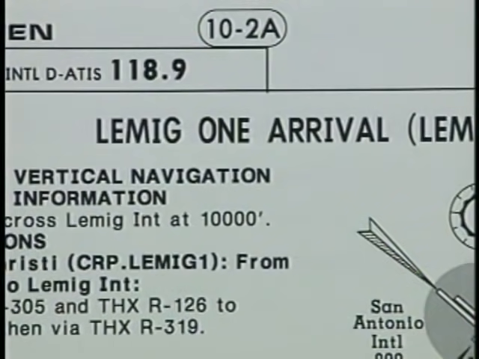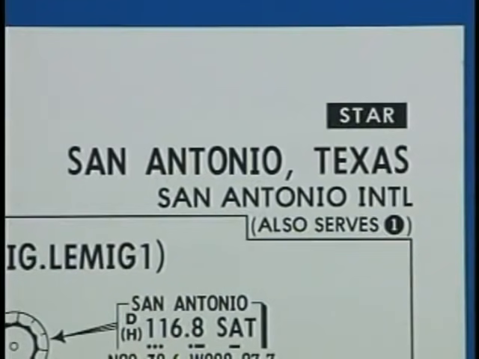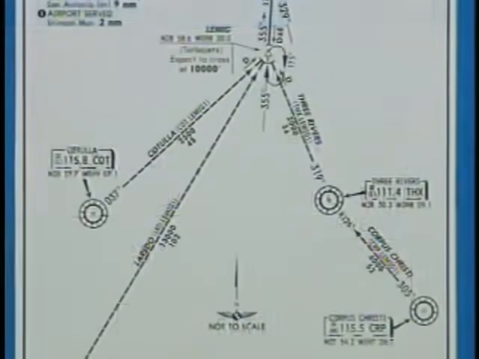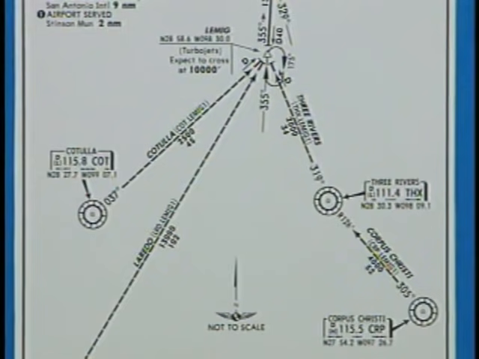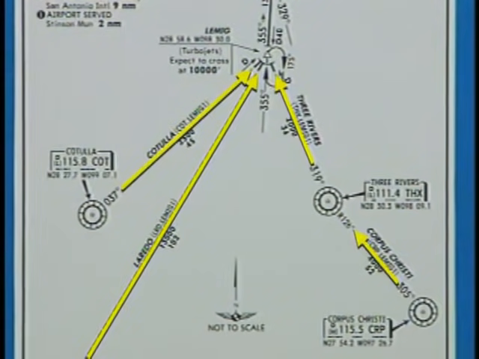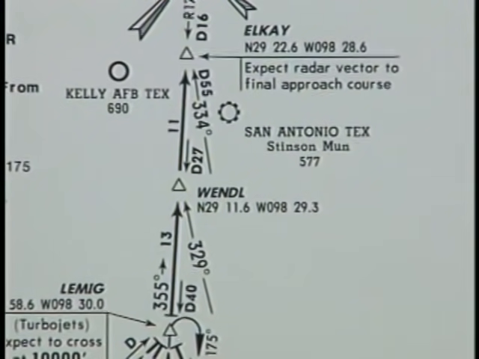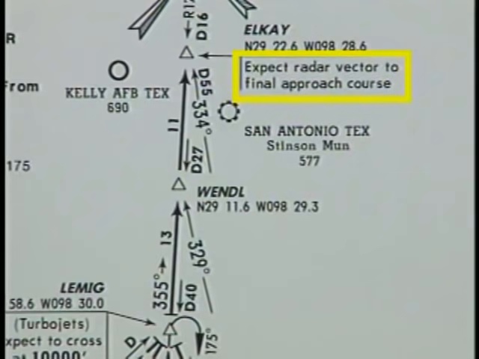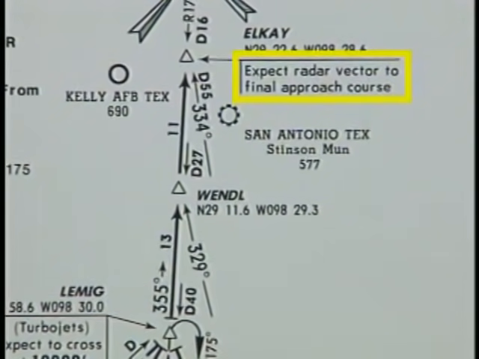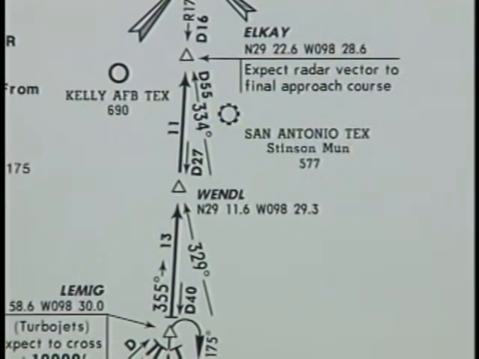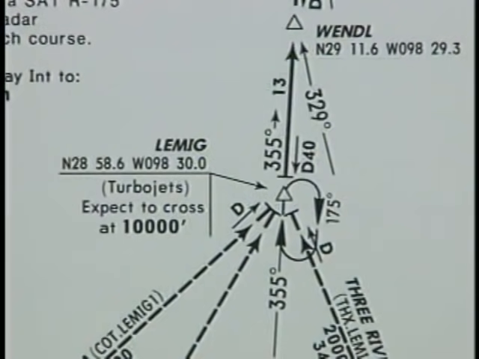Let's look at the LEMIG 1 arrival for San Antonio, Texas. This arrival, like most STARs, consists of multiple transition routes and an arrival route. This particular arrival utilizes radar vectors to the final approach course. You can distinguish the arrival route from the transitions by the solid route line.